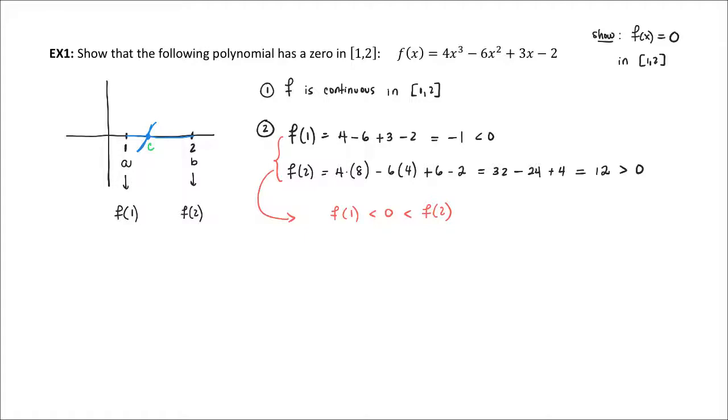That means that 0 is between f of 1 and f of 2. Remember that 0 is your N. N is 0, and 0 is between f of 1 and f of 2. So now this is where you can use the conclusion of the mean value theorem.